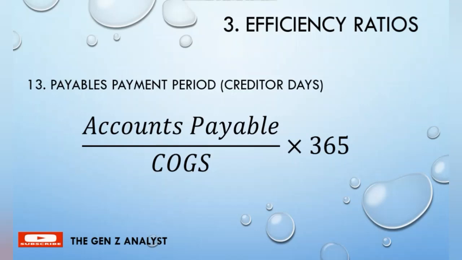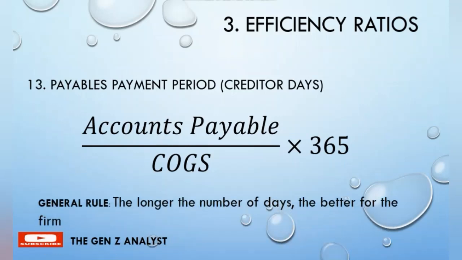We calculate this by taking the total accounts payable within the statement of financial position, dividing it by the cost of goods sold within the statement of profit or loss, and multiplying it by 365 days. When you calculate this and you have a longer number of days compared with the previous period, or that of an industry average or a competitor's ratio, then we say that it is better for the firm.